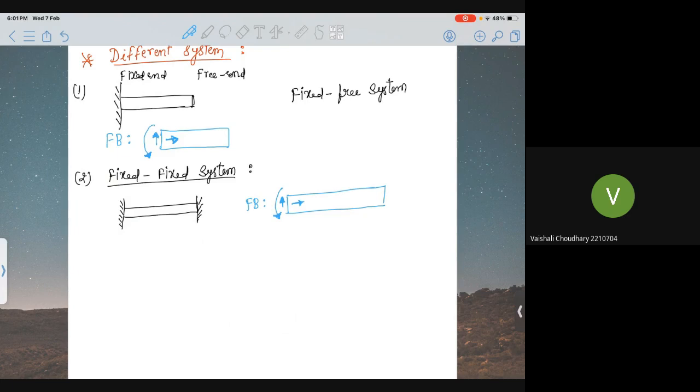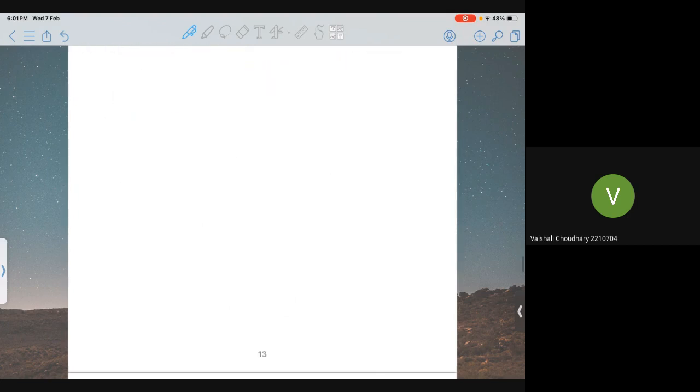Similarly, the other end will also experience the same forces because it is also fixed to a particular point, right? So it will experience the same forces.